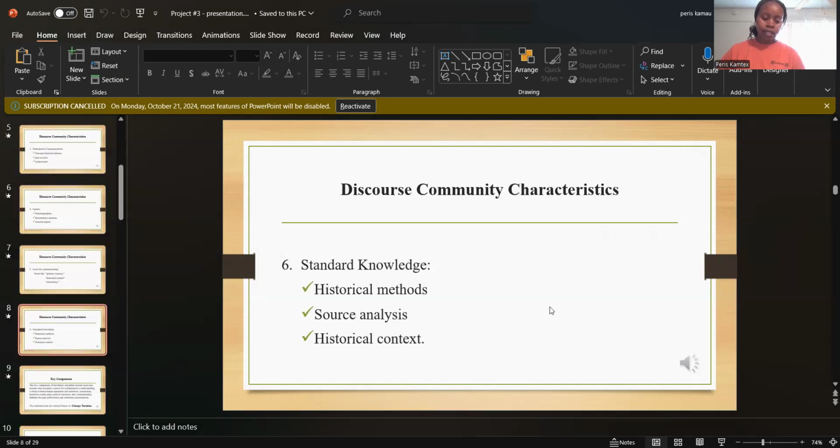The other characteristic of discourse community is standard knowledge, which involves historical methods, source analysis, and historical context.